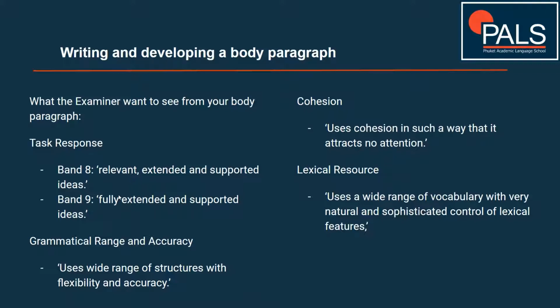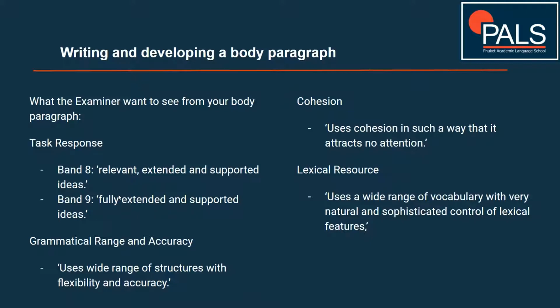Grammar, range and accuracy uses a wide range of structures with flexibility and accuracy. So you need to be using simple sentences. You need to use more than one type of those. So don't always just stick to subject-verb. Throw in a subject-verb-verb sentence, or a subject-subject-verb sentence, or even a subject-verb-verb simple sentence if you can.